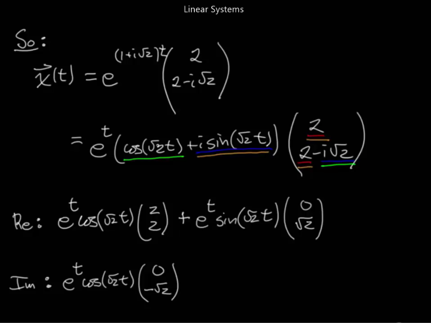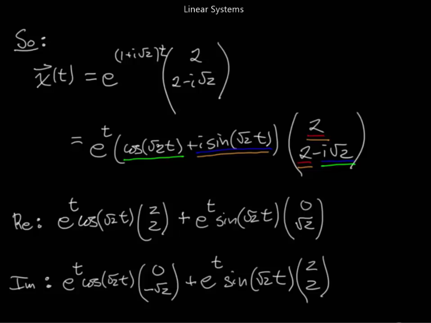And let's see, e to the t, and sine of this guy, and then just these real parts over here, 2, 2. So what I'm saying is that this expression on the second line of the slide is the real part plus i times the imaginary part.